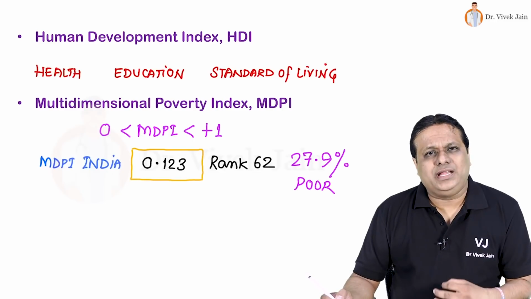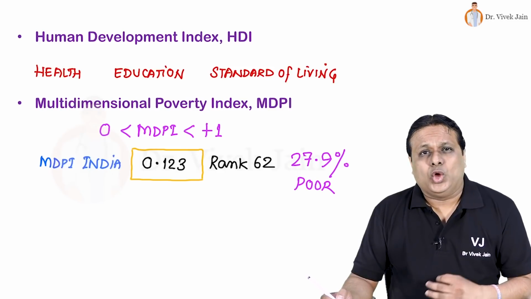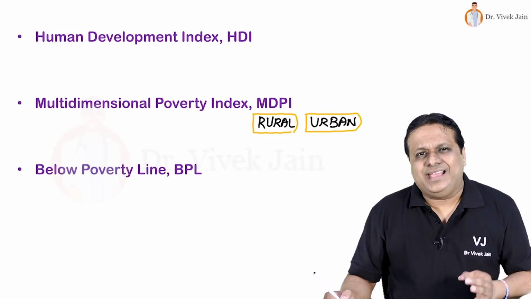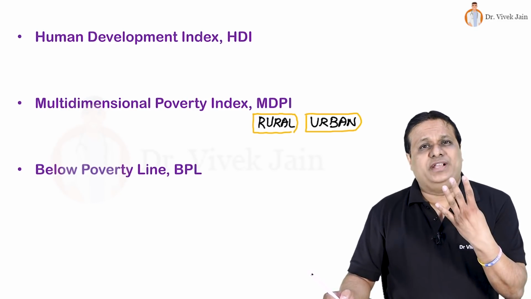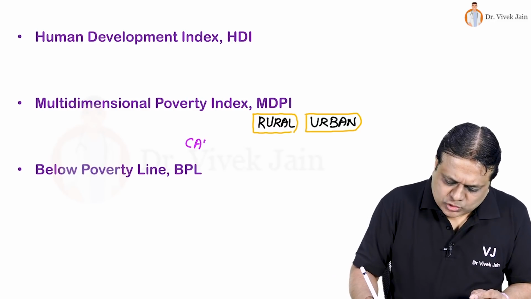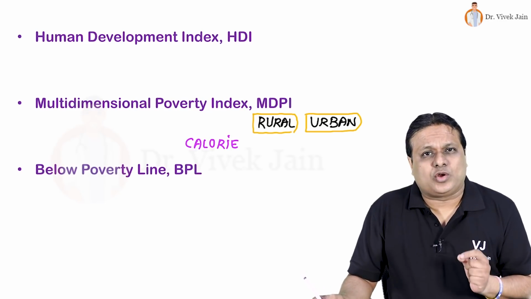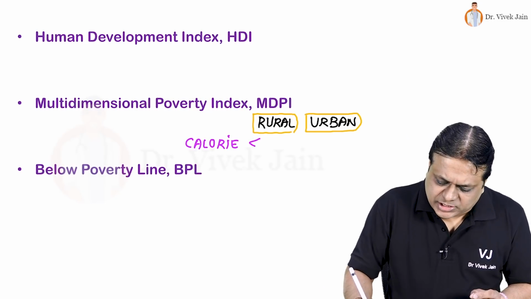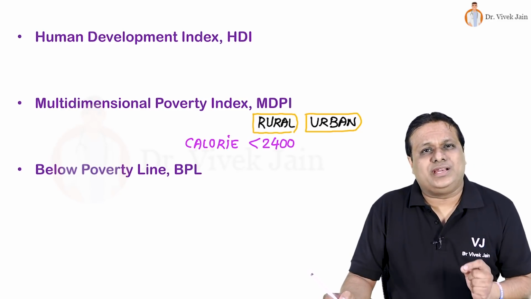Along with multi-dimensional poverty, you must know the below poverty line or BPL criteria used in our country. Poverty line in India could be defined on the basis of 4 different definitions. The first, most important one, is based on calorie intake per day. Rural area cutoff used today is less than 2400 kilocalories per day.